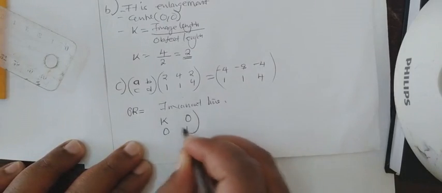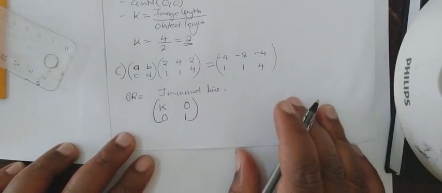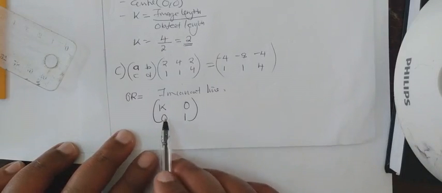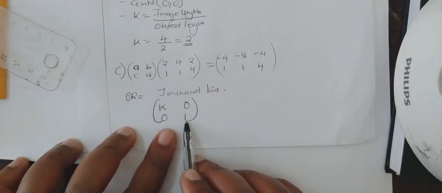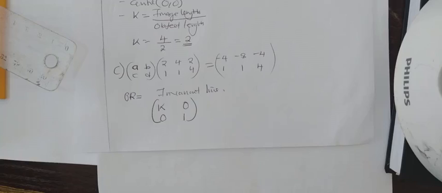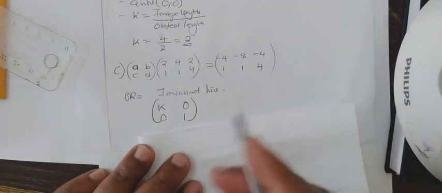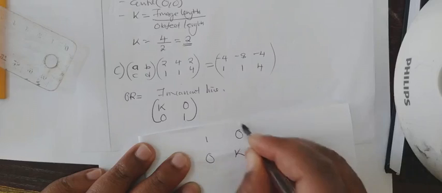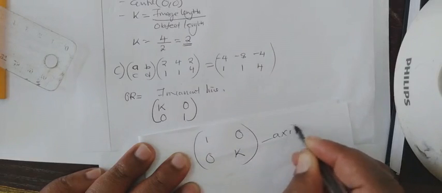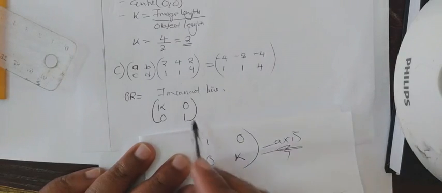This matrix is the standard for a stretch where the invariant line is the y-axis. If the invariant line is the x-axis, you are going to say (1, 0, 0, k). This is for the x-axis, and this is for the y-axis.